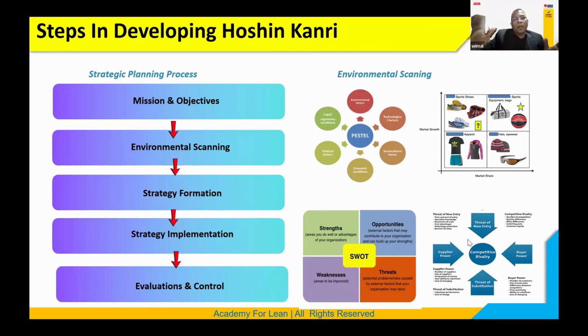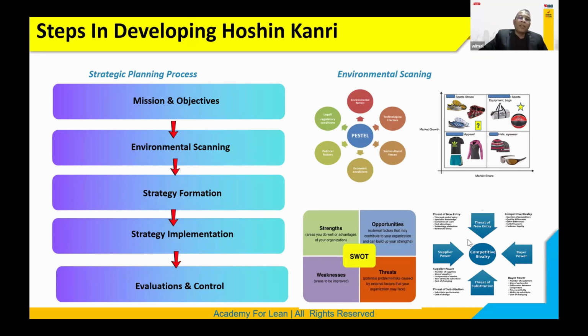Then you have to understand the mission and the goal. As an example, you can say we want to be a 3 billion company by 2030. So that may be the aspiration target you have to set as an organization.